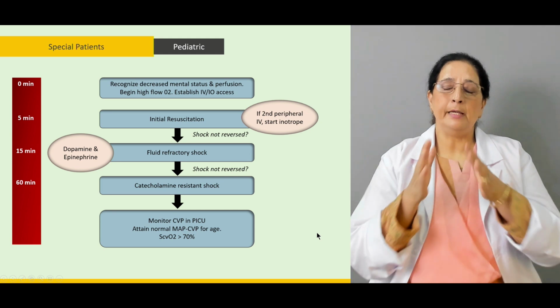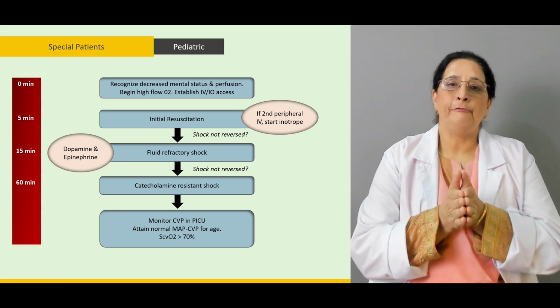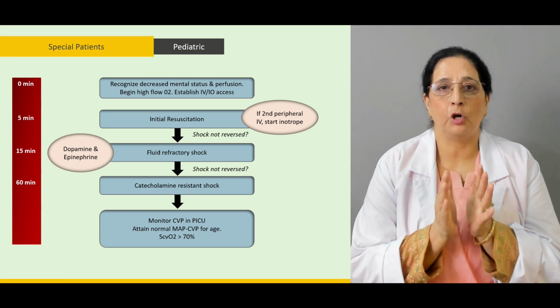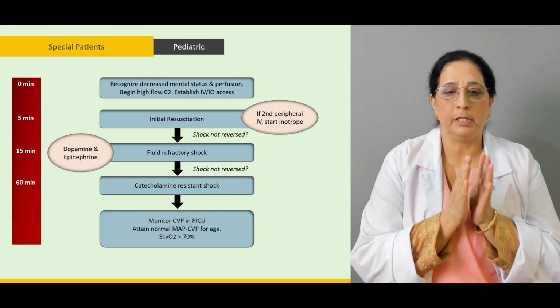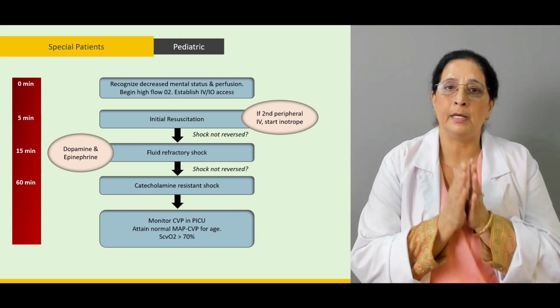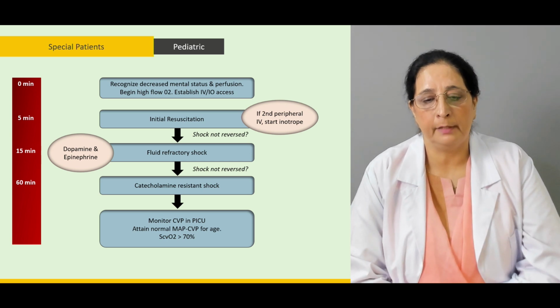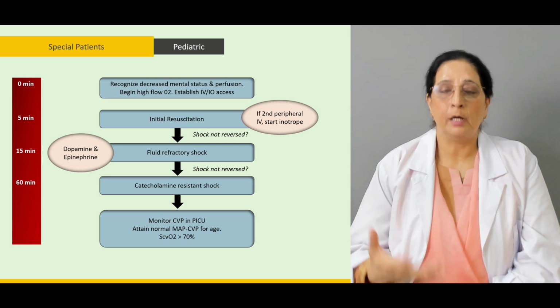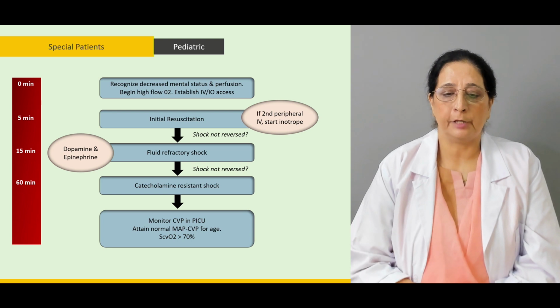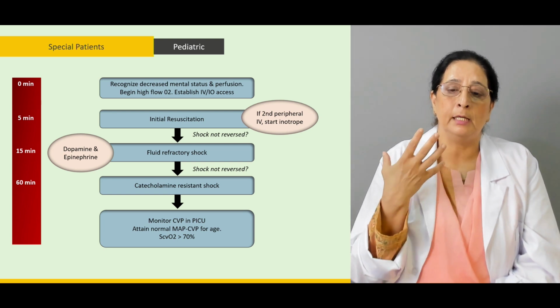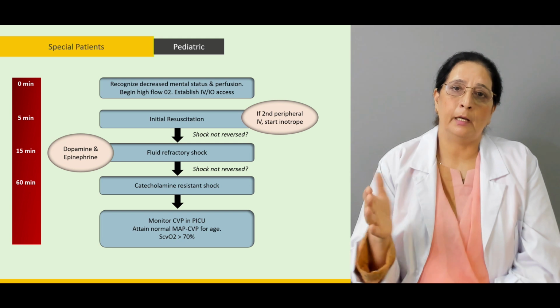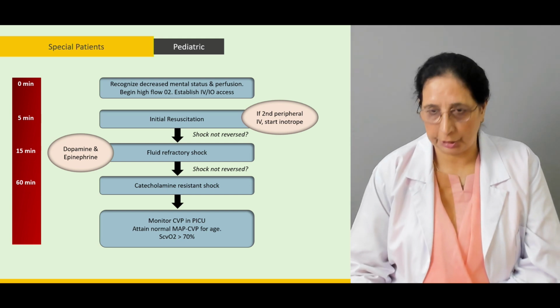So again, first with the fluid resuscitation, if the shock is not reversed, we give dopamine and epinephrine. Still not effective, then we monitor the mean arterial pressure and try to get the normal pressure according to the age of the patient.